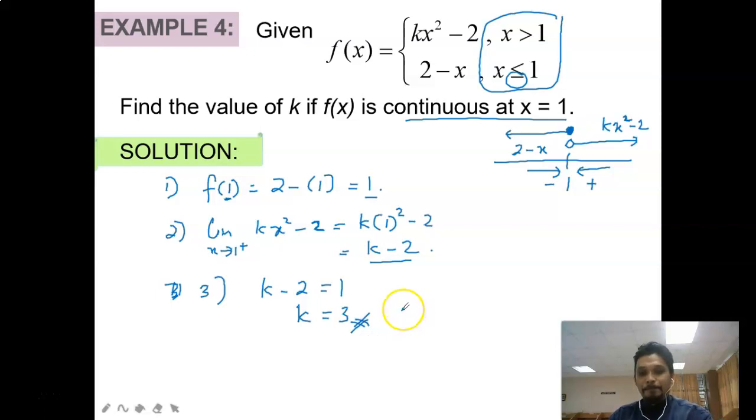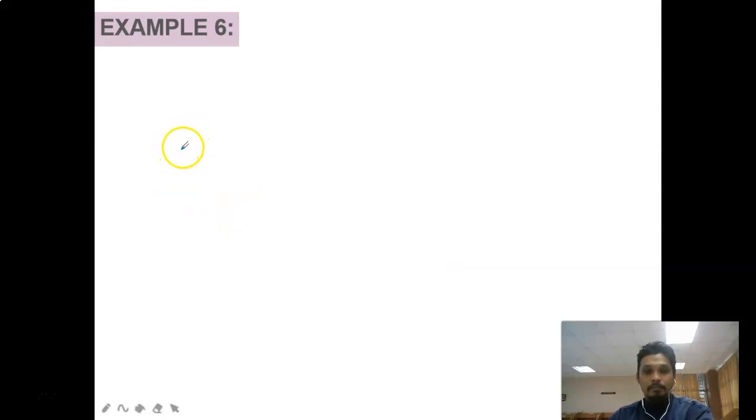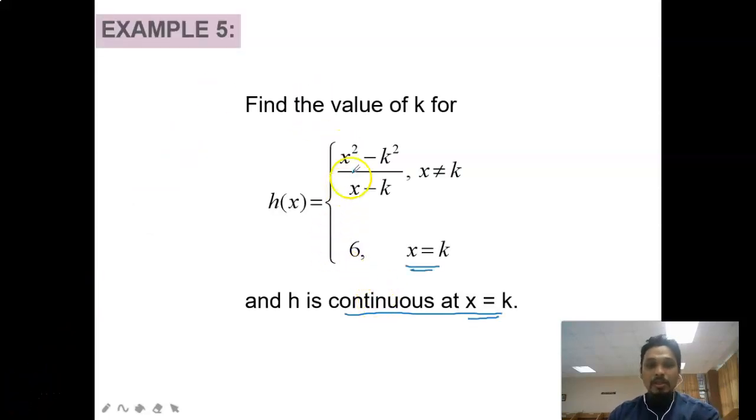Okay. Find the value of k for this function here, and h is continuous at x equal to k. It is mentioned in the question that the function is continuous at x equal to k.